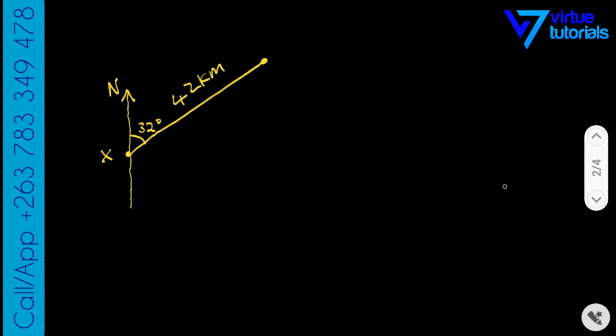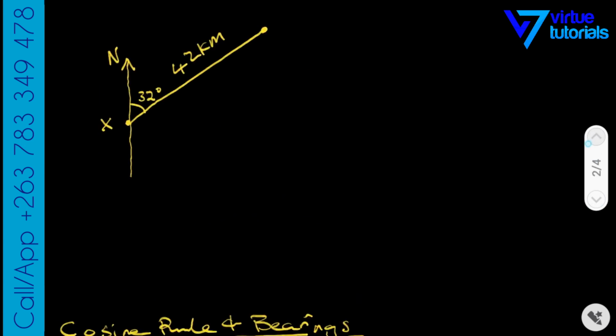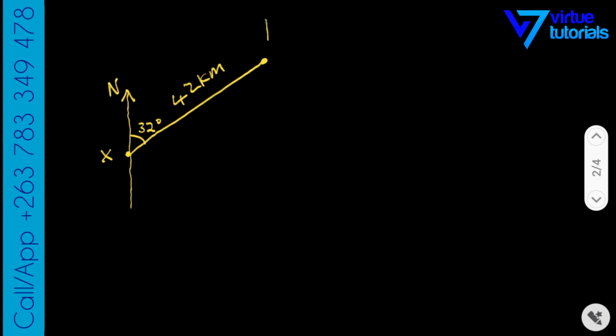Then from his next point, he's going to move another 28 kilometers on a bearing of 154 degrees. 154 is a bearing which is measured from the north, because bearing is always measured from the north, this three-figure bearing. So if this is the north, 154 will look something like this. So that's like 154 degrees.